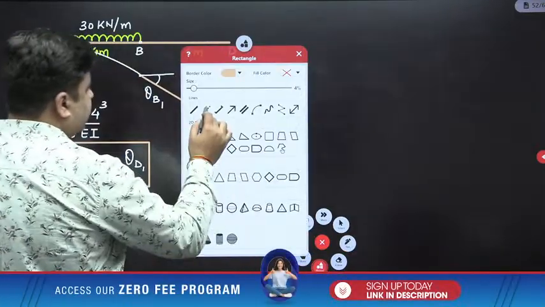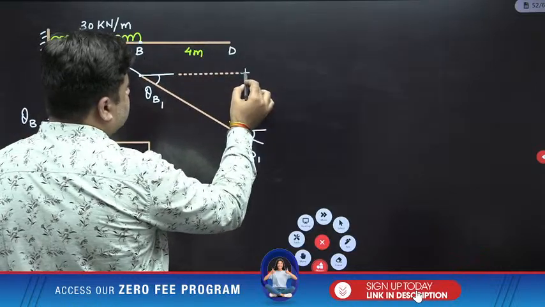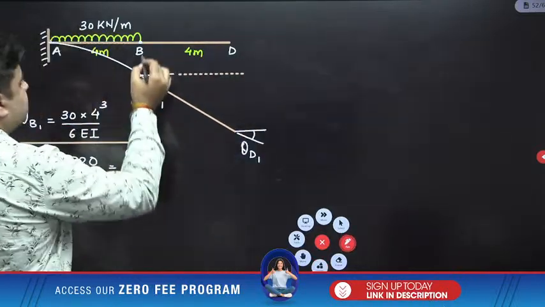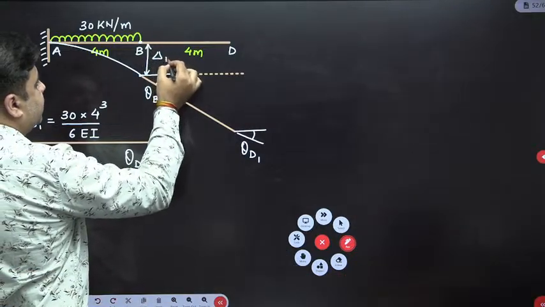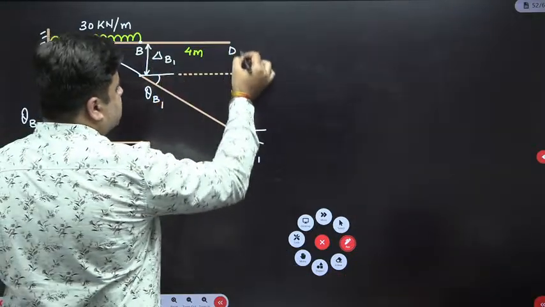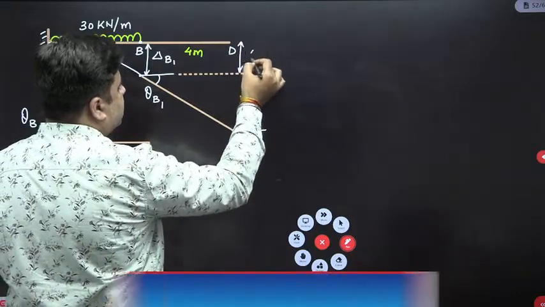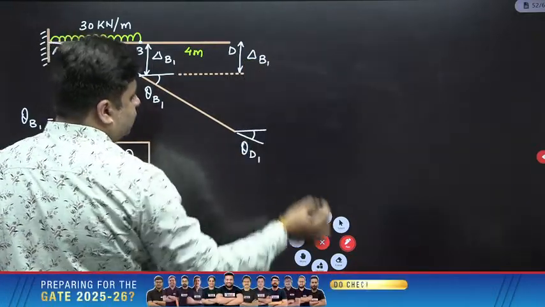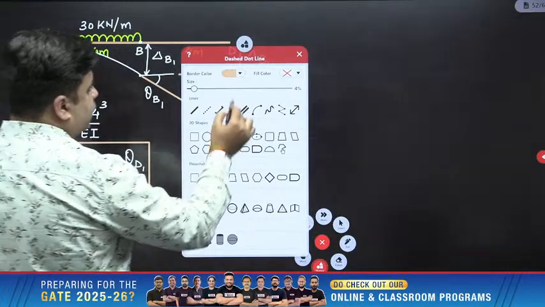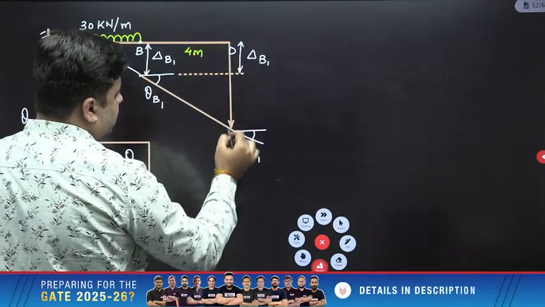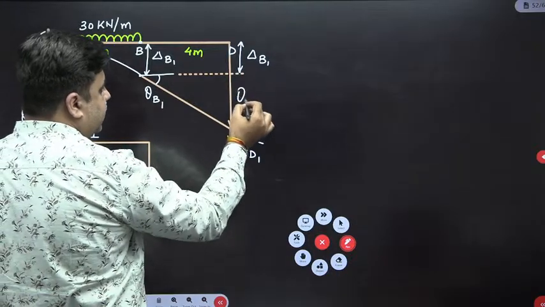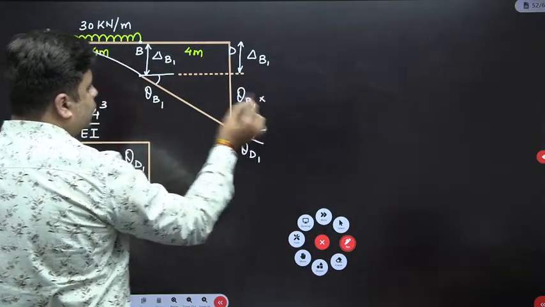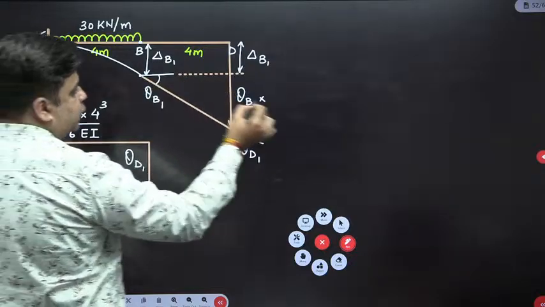Now I want to find out the value of delta D1. Now you can check here. Delta D1 will be how much? So this is delta B, I will write this as delta B1. So this is also delta B1. So delta D1 from here to here is the sum of delta B1 plus theta B1 into this distance, which is 4.